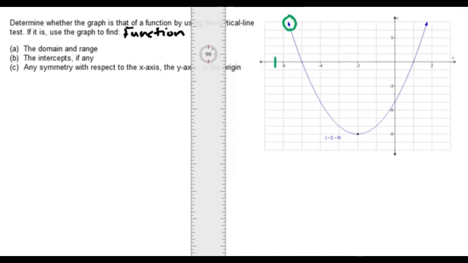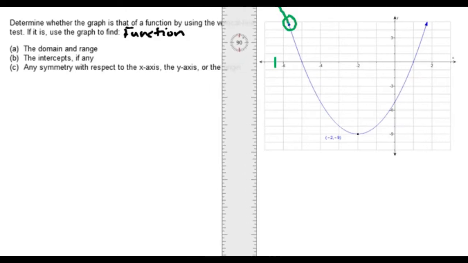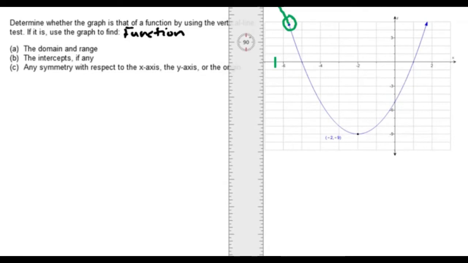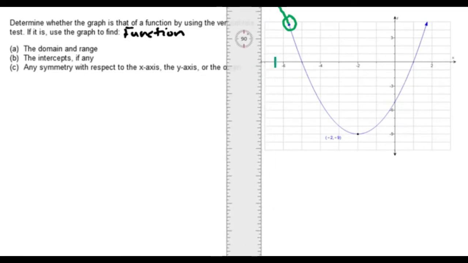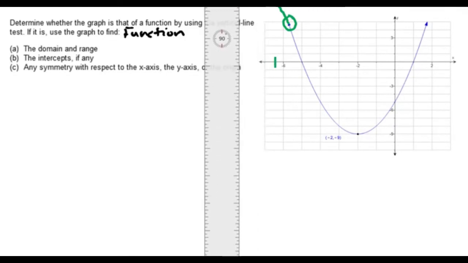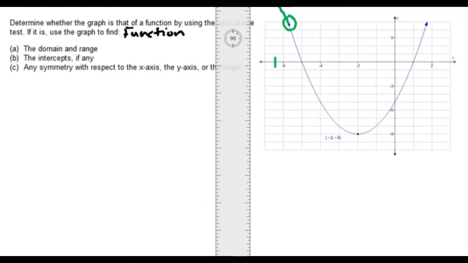So this line will continue to go up and left beyond what we can see in this picture. And so because of that, my ruler actually will always be touching this graph on this side. And so that means the domain is going to start at negative infinity.